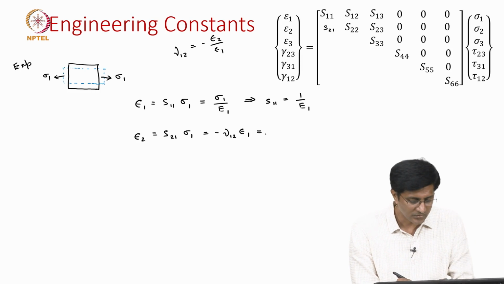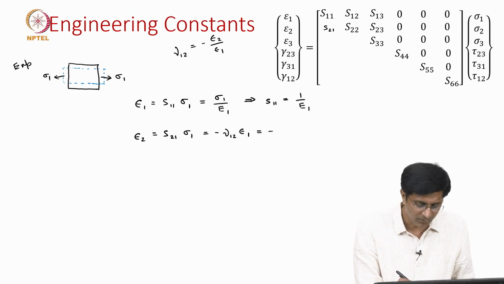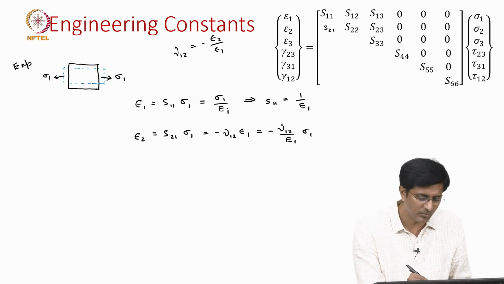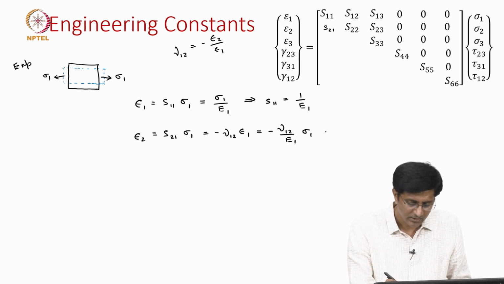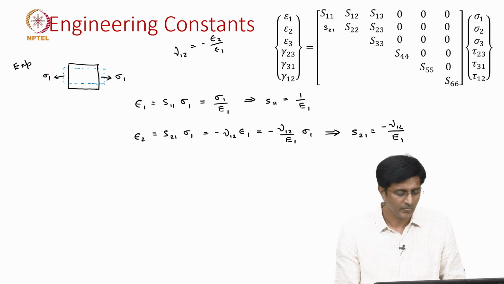But we have just seen what epsilon 1 is, so let me plug it in here. I can now write it as minus nu 1 2 divided by E1 times sigma 1, replacing epsilon 1 with sigma 1 by E1. So we should now be able to write S21. S21 is minus nu 1 2 divided by E1, fine.